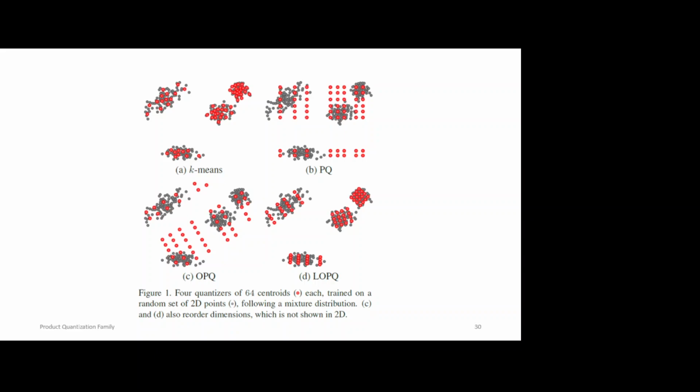The first figure uses k-means. You see that k-means fits the data distribution very well. But the disadvantage of k-means is that it usually takes a long time and consumes a lot of memory space.